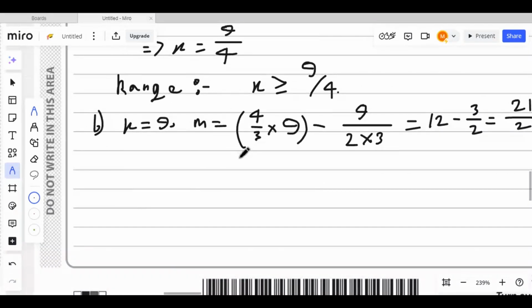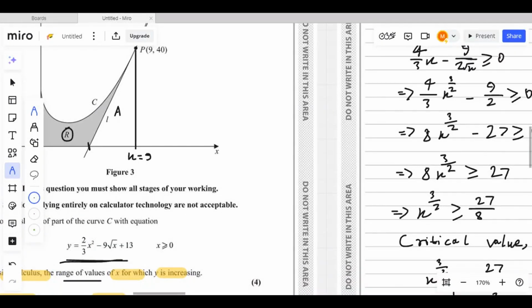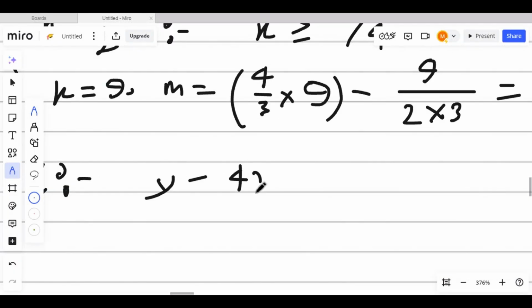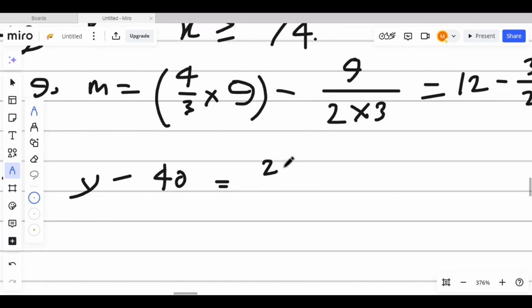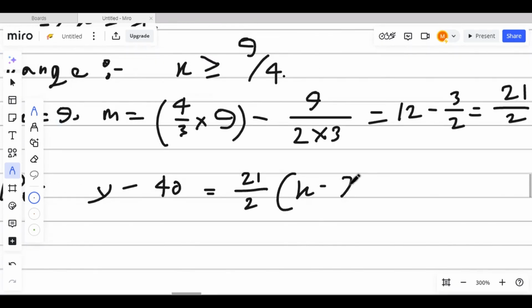We got the gradient. Now we need the equation. So line L, its equation would be y minus, what are the coordinates of point P? 9, 40. Y minus 40 equals the gradient 21 over 2 times x minus 9.